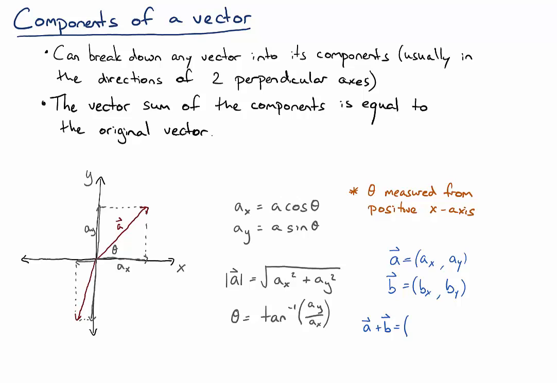For the x component, we just add the two x components. And for the y components, we just add the two y components. Easy. Hopefully this will become clearer to you once we do some more work of this type in class.